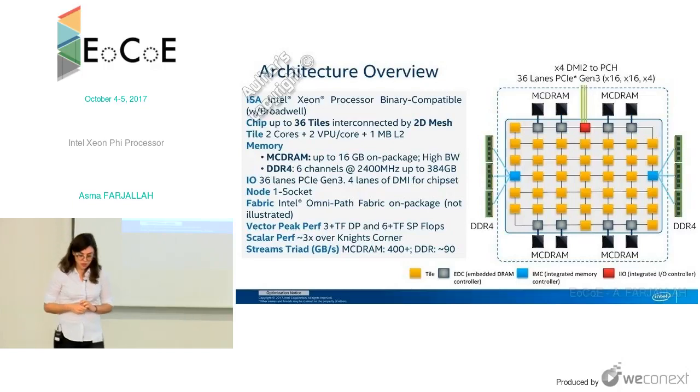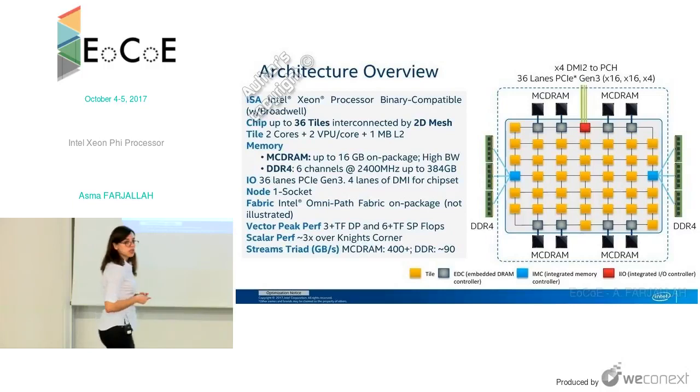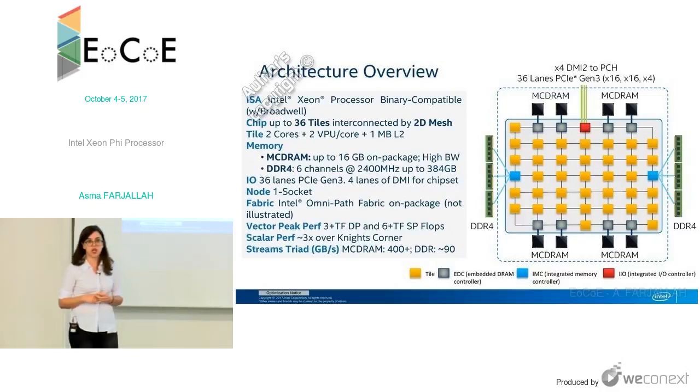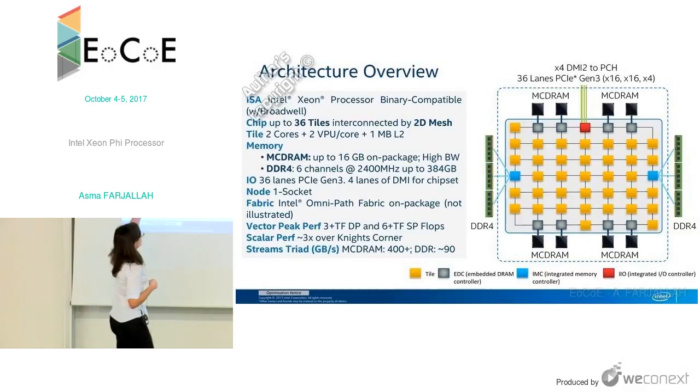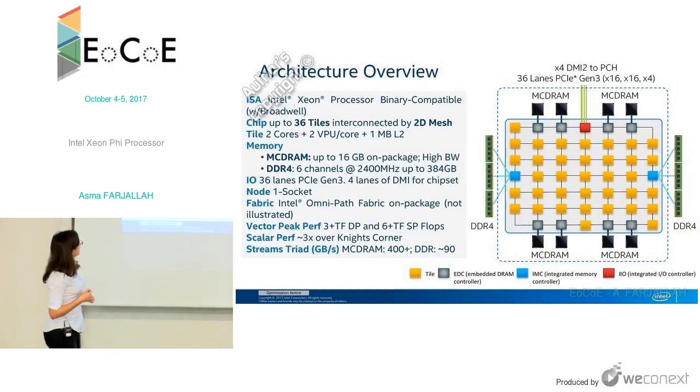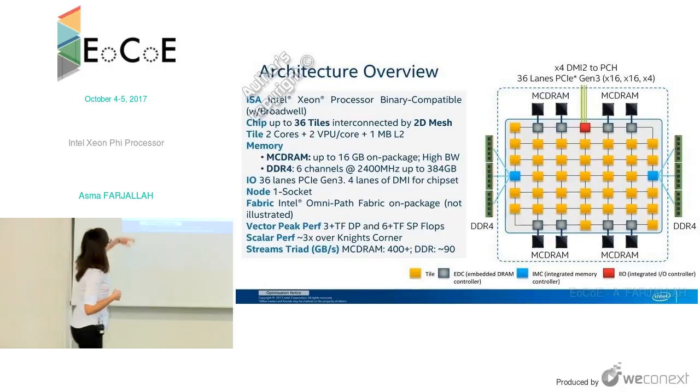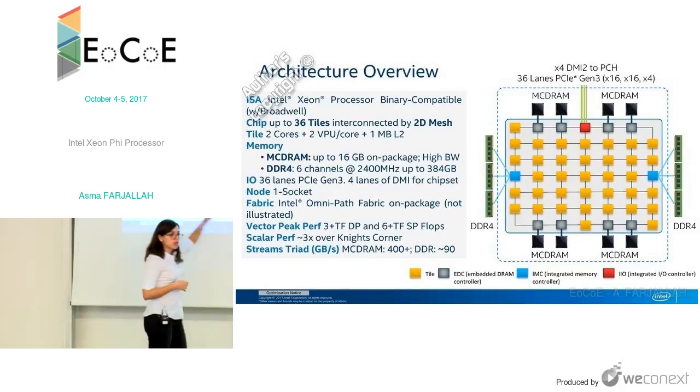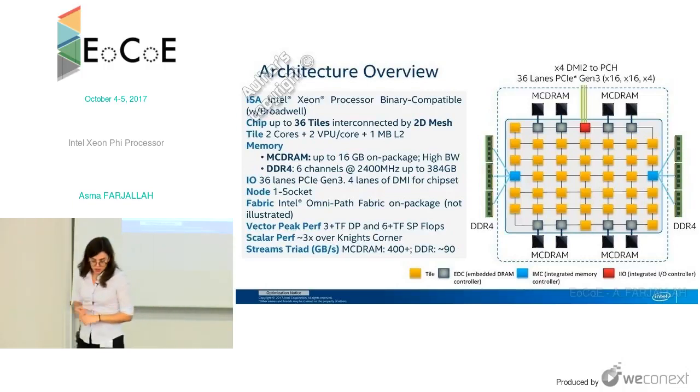A main characteristic is that we have a single socket on this node, not 2 sockets as we usually have on Xeon. We also have fabrics that can be integrated, as I said, via the Intel Omni-Path technology. And the MCDRAM stream triad measured can be over 400 gigabytes per second, something like 490 gigabytes per second.